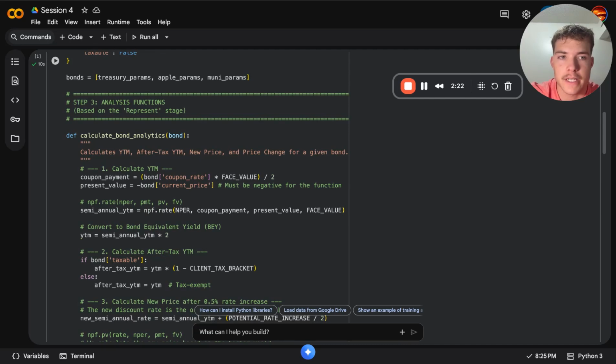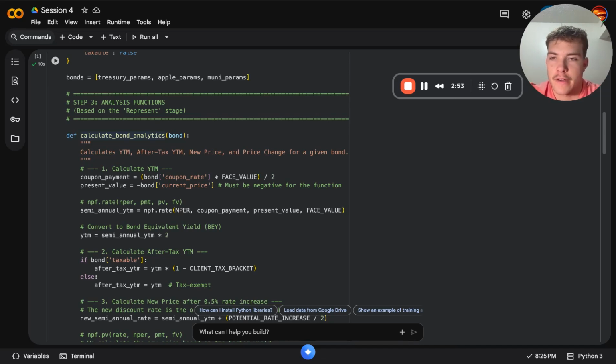And then for step three, it's where our calculation engine is. We build a single powerful function, calculate bond analytics. This function takes a bond's parameters and uses the NPF rate to calculate its YTM, its yield to maturity, and applies the client's 32% tax bracket to get the after-tax YTM.